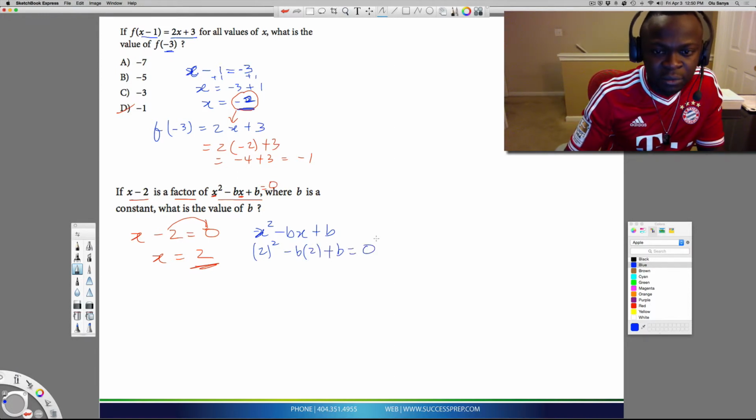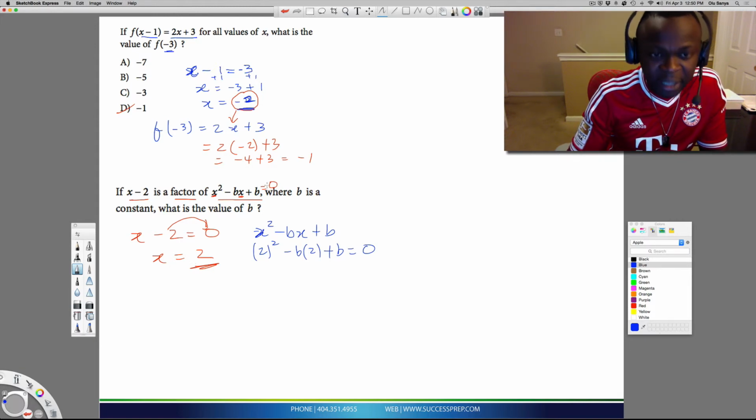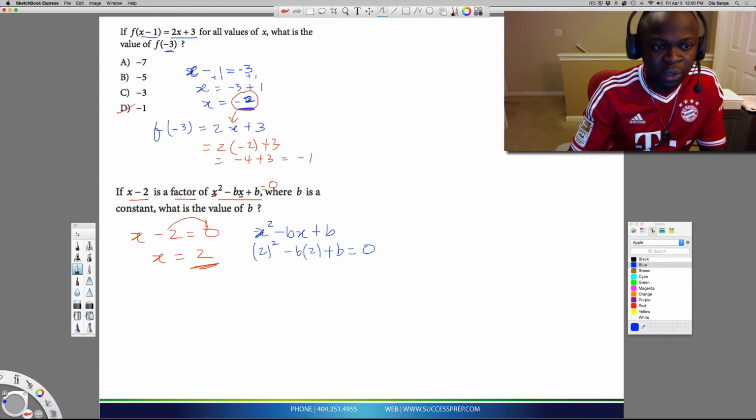That allows us to make it equal to 0, because if something is a factor of something, it means it goes perfectly into it, so there is no remainder, and this 0 is representing the remainder, meaning there's a 0 remainder. So you can plug in the value of x into the quadratic and it will make it equal to 0. That's what you do when something is a factor.